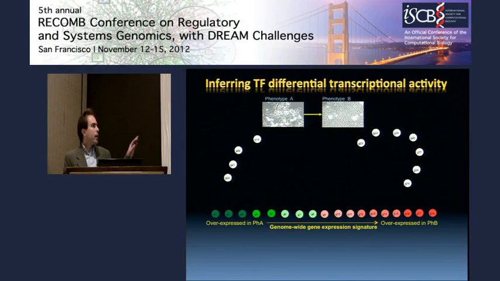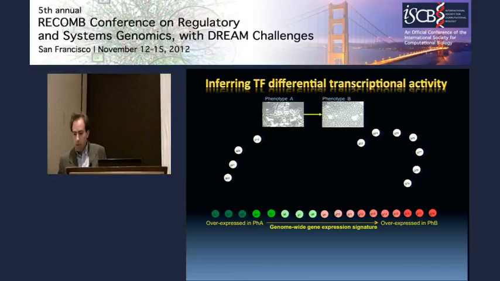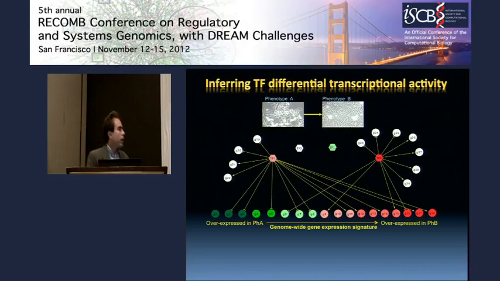So if we lay over this signature the regulators, we can quickly see that there are some regulators for which the target genes that the regulator represses are mostly enriched among the genes that are downregulated in the signature, and the genes that this regulator activates are more expressed in the signature.